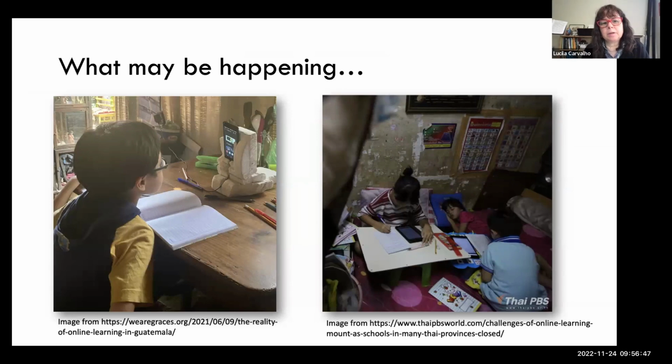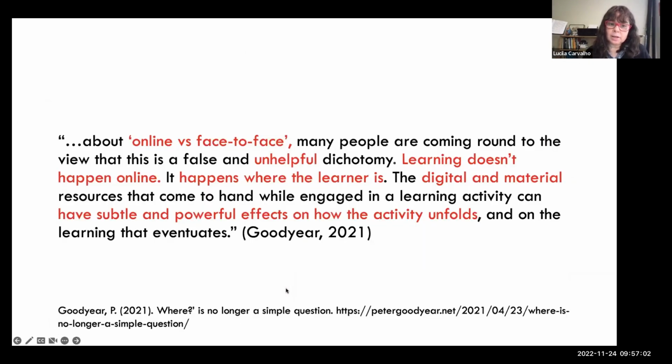So many times people might have different types of situations from what we imagine, and may be dealing with different things in the physical environment. And one of the quotes that I really like is this from Peter Gutierrez, and it's actually in his blog page.